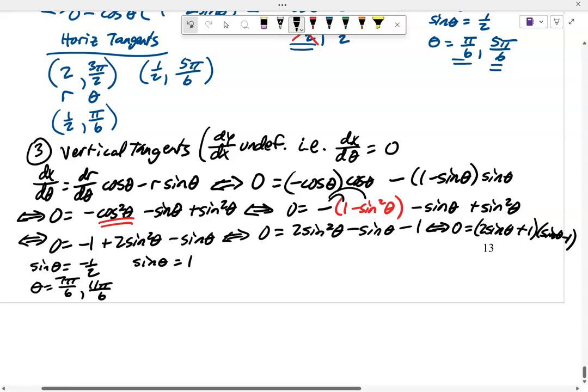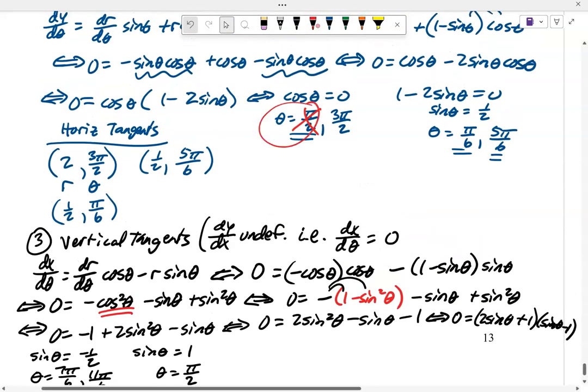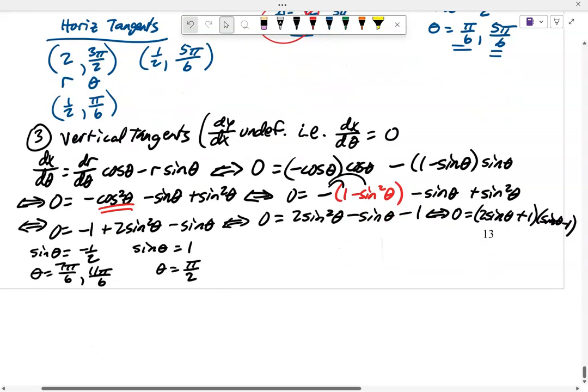And then where does the sine of theta equal 1? That'd be at theta being pi halves. And so I know I have a vertical tangent at pi halves. That's why I threw it out up here. So maybe I should have done it in that order, because I know I can't have a horizontal tangent if the derivative there is actually undefined. So, okay.